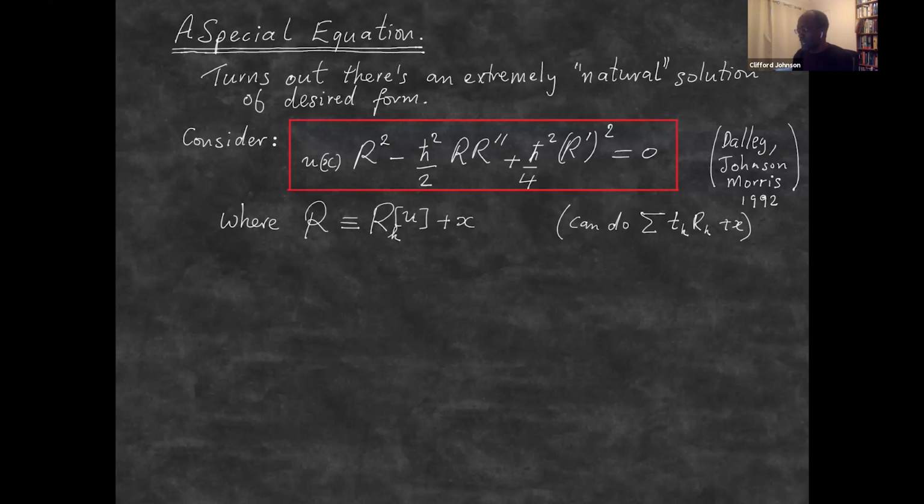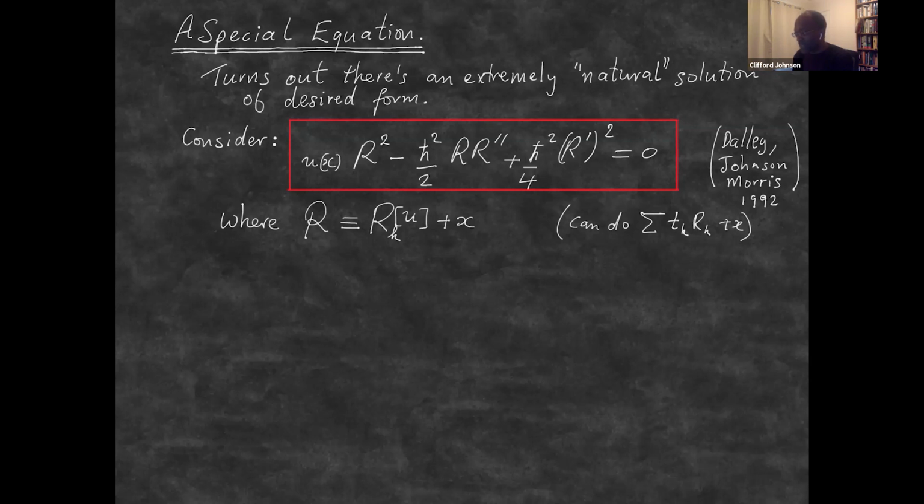The string equation is essentially all you need to know for how they work here, and they satisfy a larger equation which looks like this. Capital R is shorthand for the object that I showed you earlier. R is built out of R_k plus x.